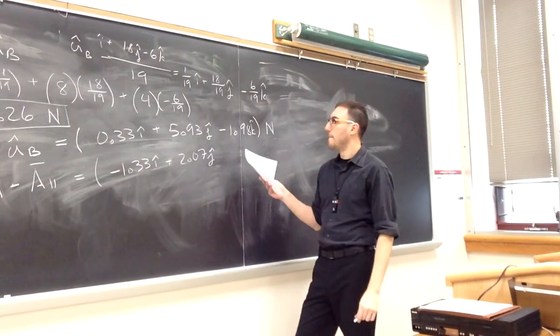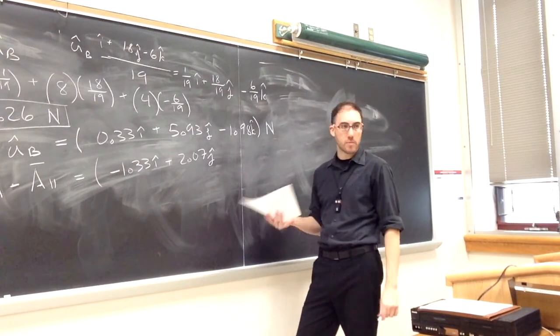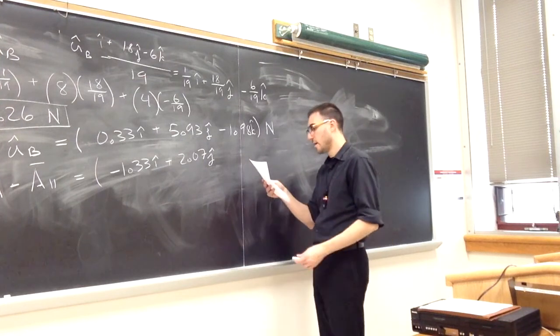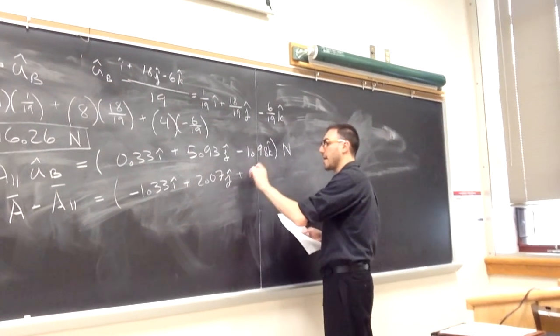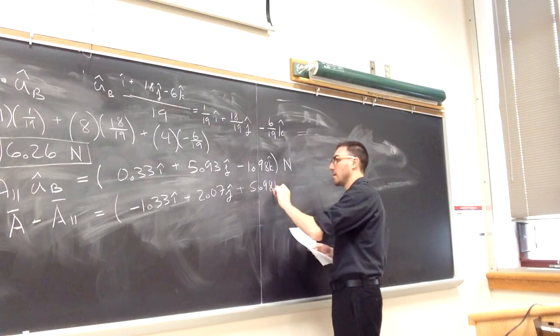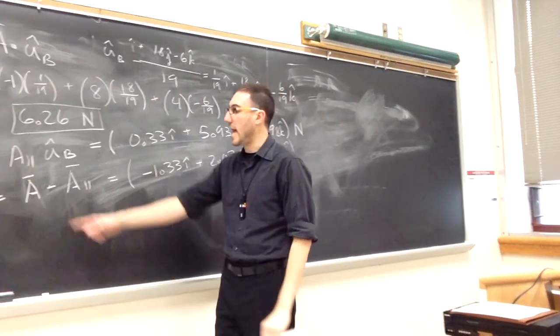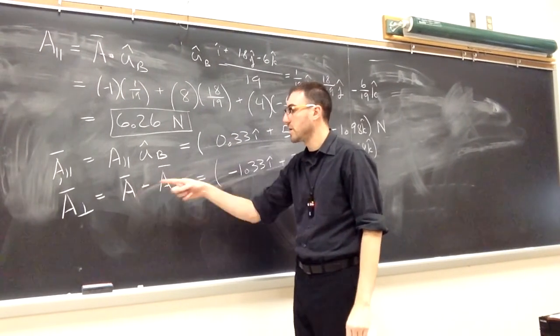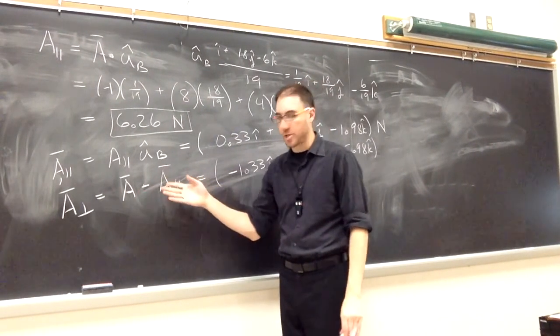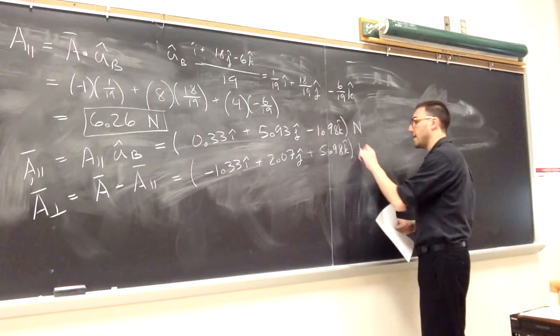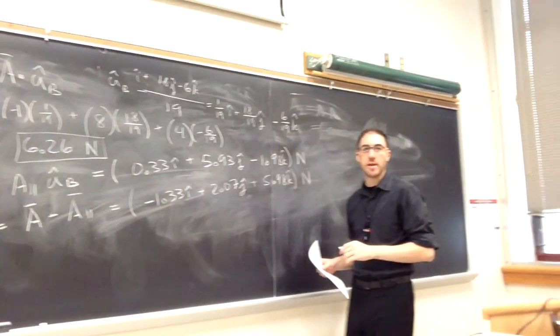And 4 minus negative 1.98, which will be 4 plus 1.98, leaves us 5.98k. Again, for units, A was given to us in newtons. We're subtracting A parallel, which also is in newtons. So this as well is going to be measured in newtons.